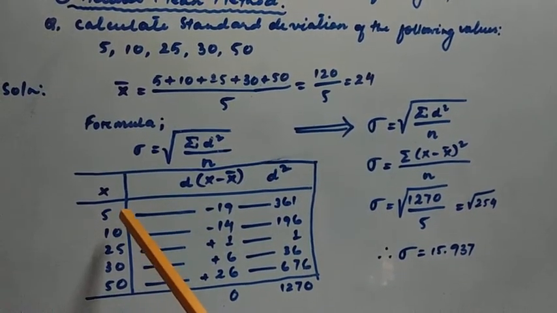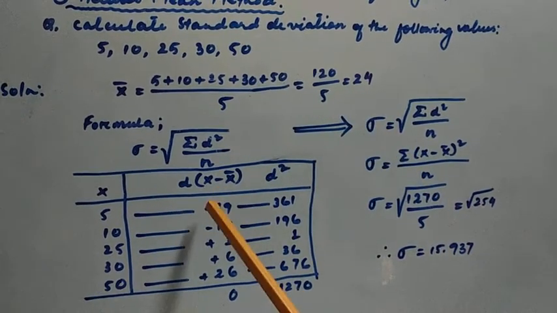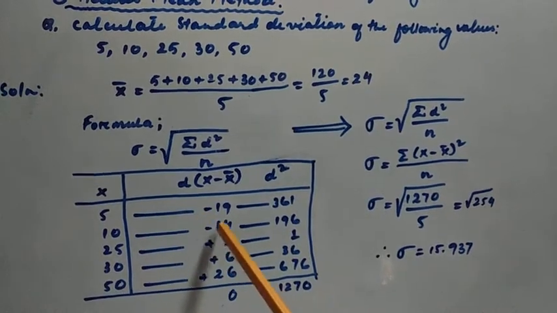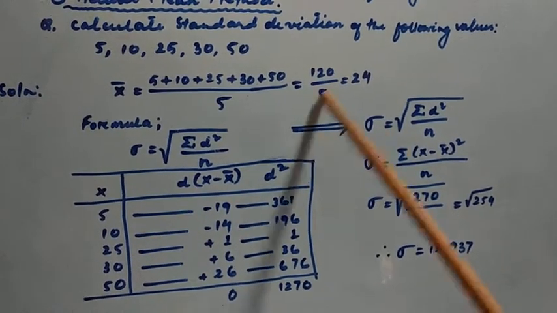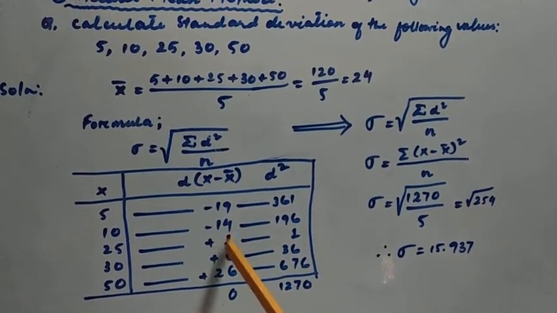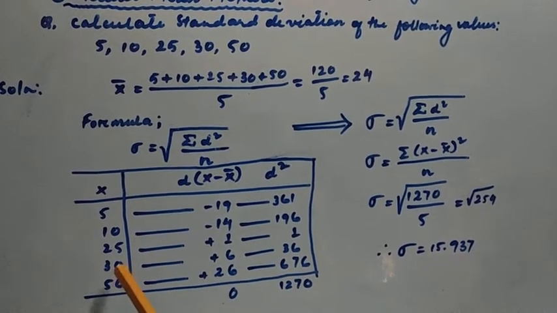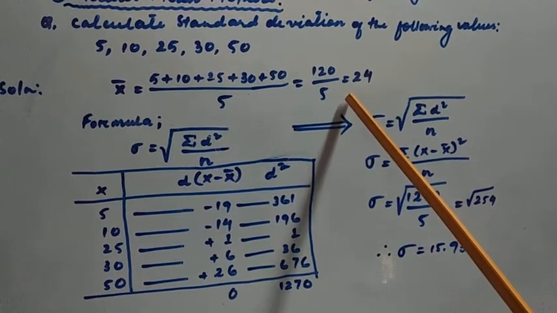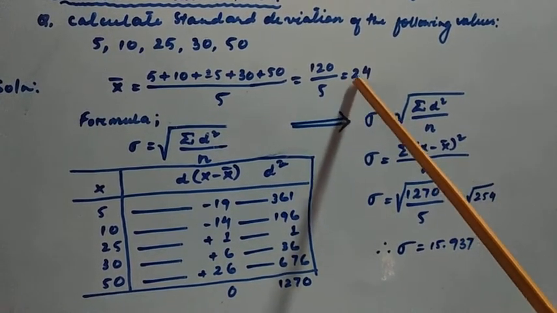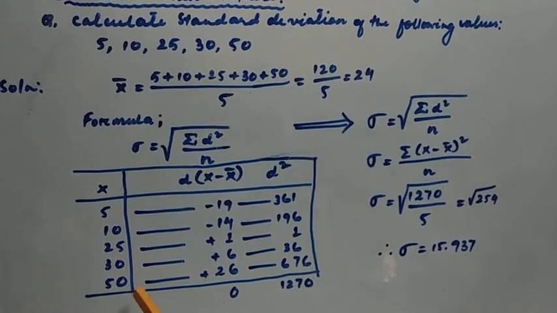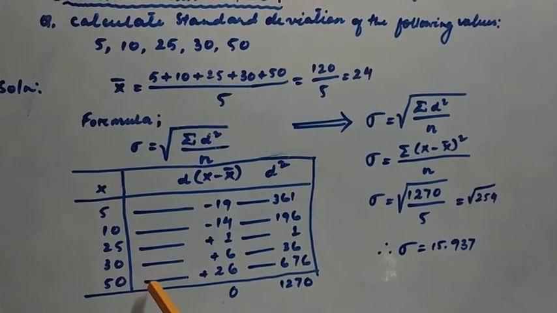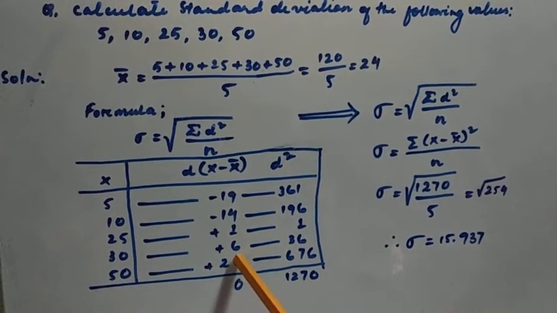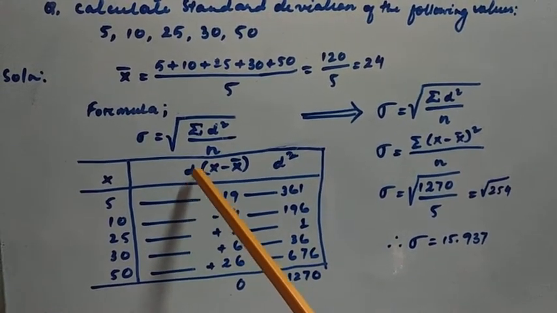So 5 minus 24 is minus 19. 10 minus 24 is minus 14. 25 minus 24 is plus 1. 30 minus 24 is plus 6. 50 minus 24 is plus 26.